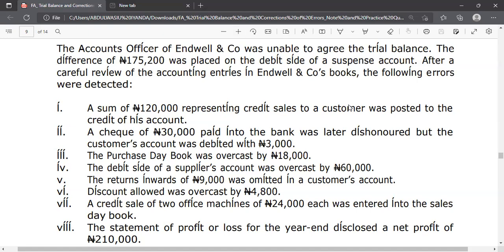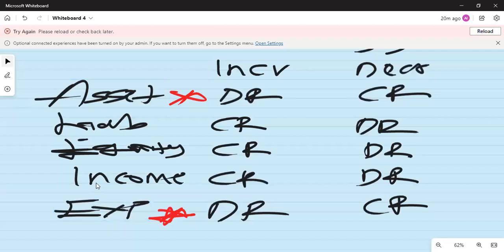You understand? Among these 5 elements of financial statement, income, the 4th and the 5th, you are going to find it in the income statement. So an item in your income statement is either going to be income or expenses.